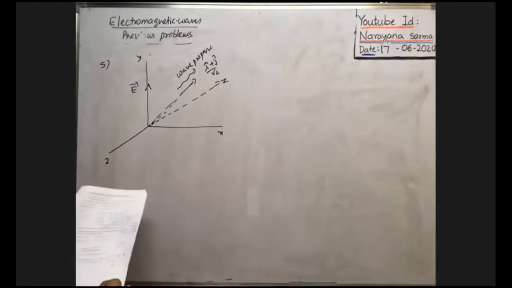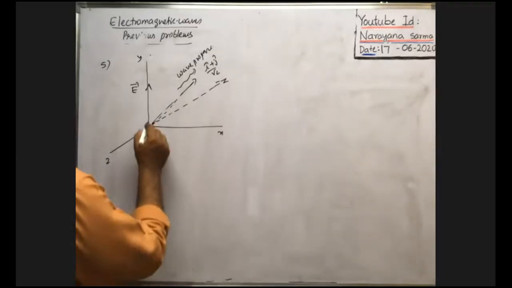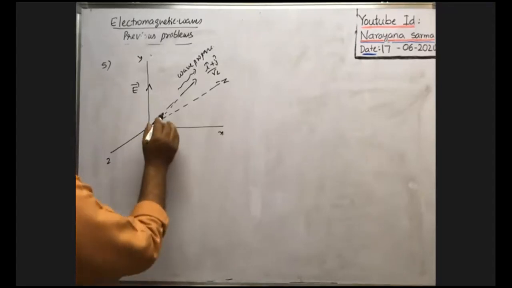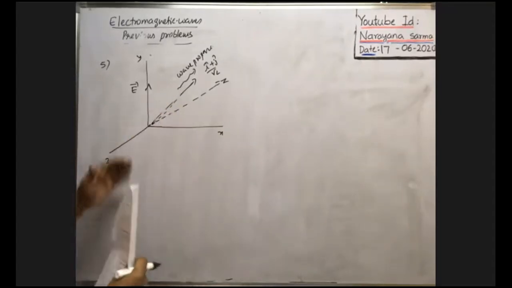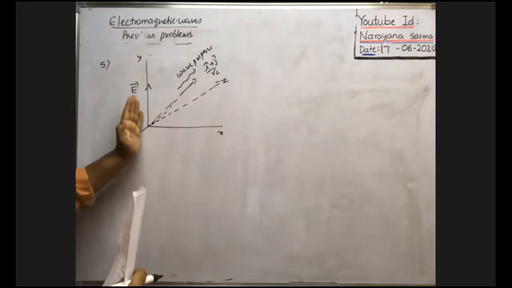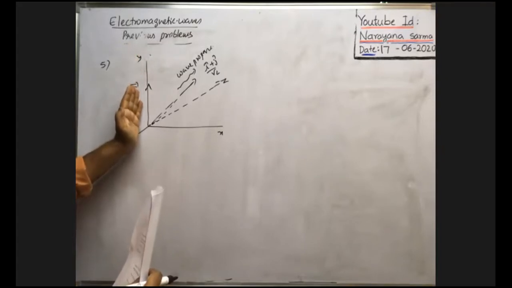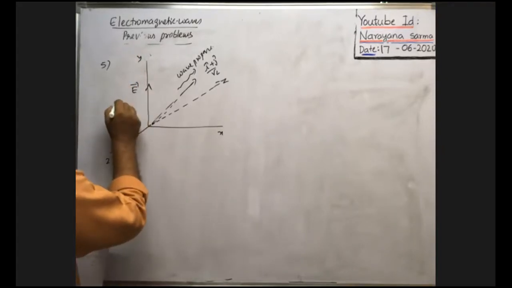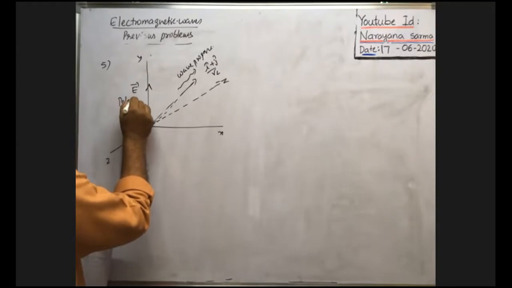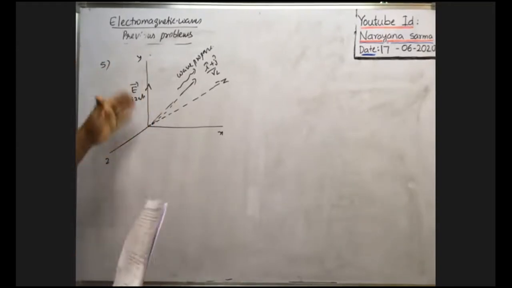So here we have to verify the options. We cannot say the magnetic induction directly like this. The electric wave is along the y-axis, because the polarization is along this y-axis. Polarization takes place along the y-axis, so definitely the electric wave is along the y-axis.